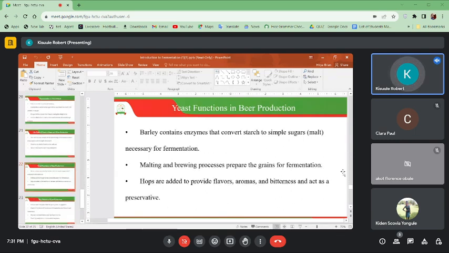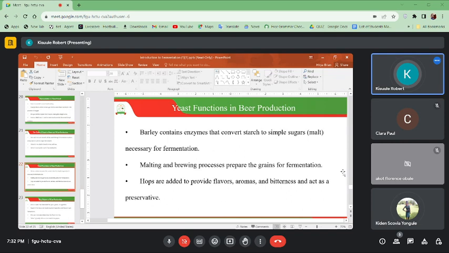All right, we are saying this barley contains enzymes that convert starch to simple sugars such as malt, which are necessary for fermentation. Okay, so malting and brewing processes prepare grains for fermentation, and then hops are added to provide flavors, aromas, and bitterness, and act as a preservative.